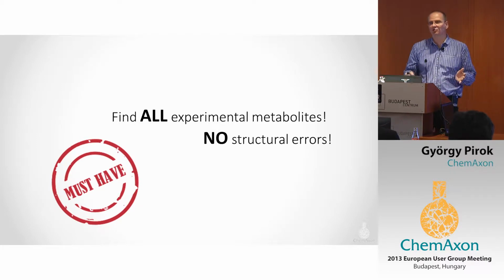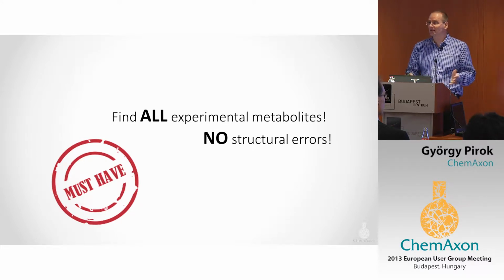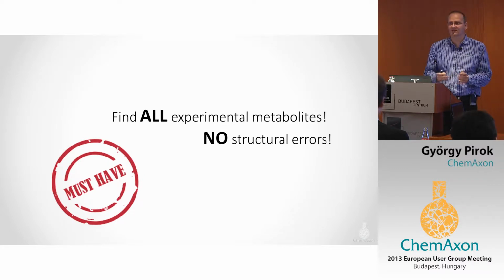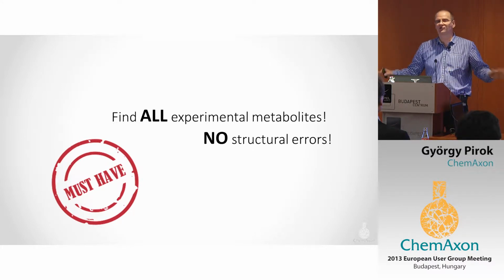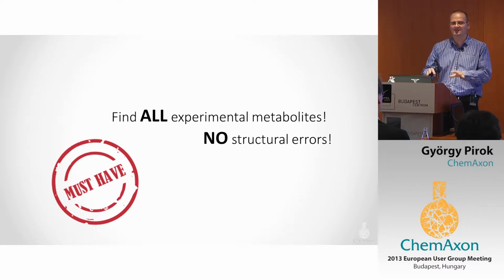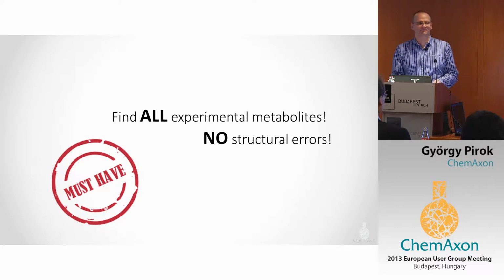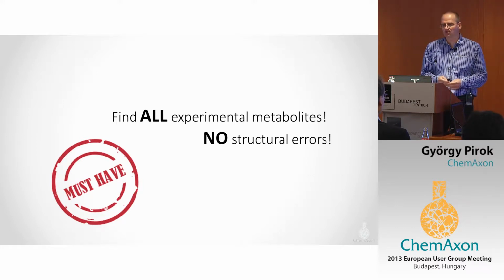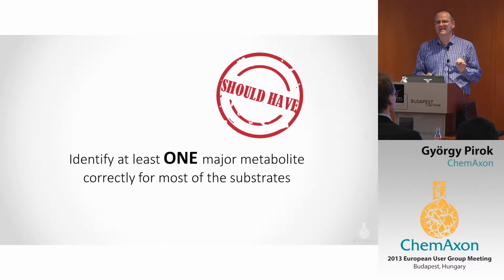So we designed a tool which tries to enumerate the metabolites of chemicals like drugs, and the must-have goal was to find all of the experimentally detected metabolites, even if there are many others created by the software, but these compounds should be there. And no structural errors, those would mean incorrectly defined transformations. We should identify at least one major metabolite.